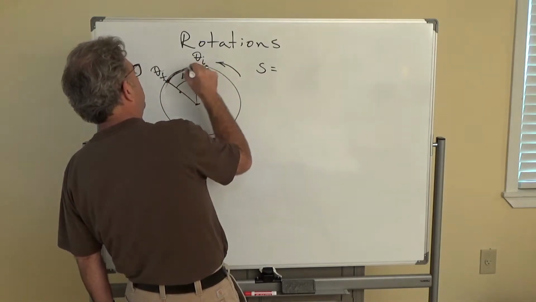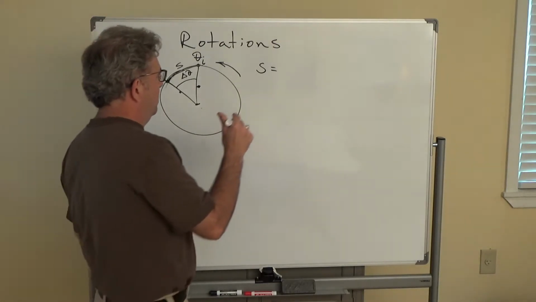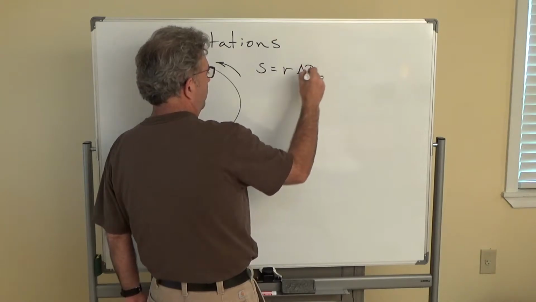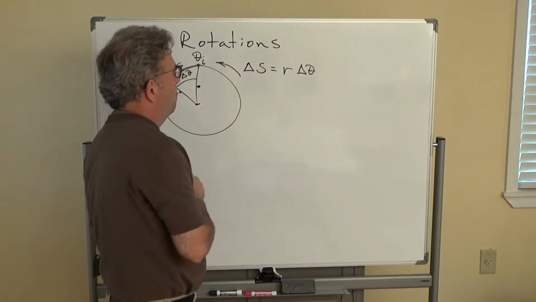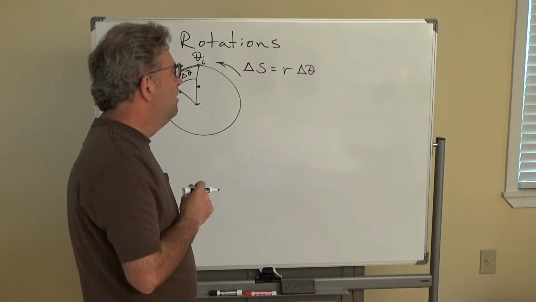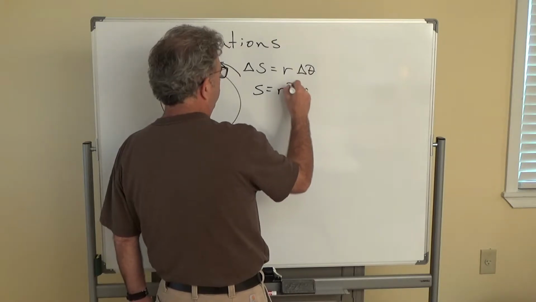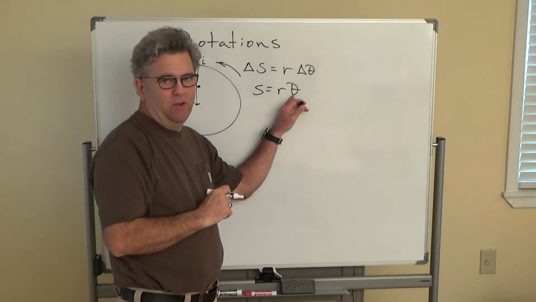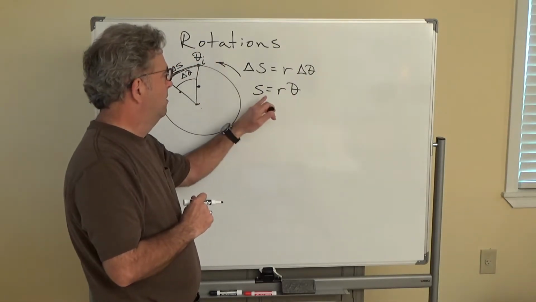So this drawing's not great. That distance S is equal to, the way I've drawn it, R delta theta. I guess that would be delta S. Typically you just write S is R theta, where the understanding is this is some angle theta, at some radius R, and that would be the distance.